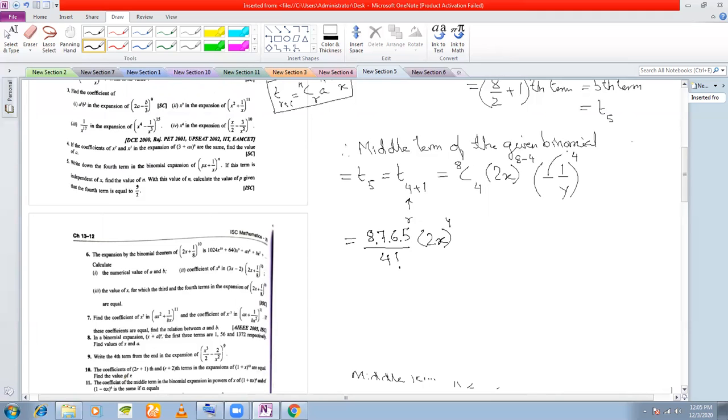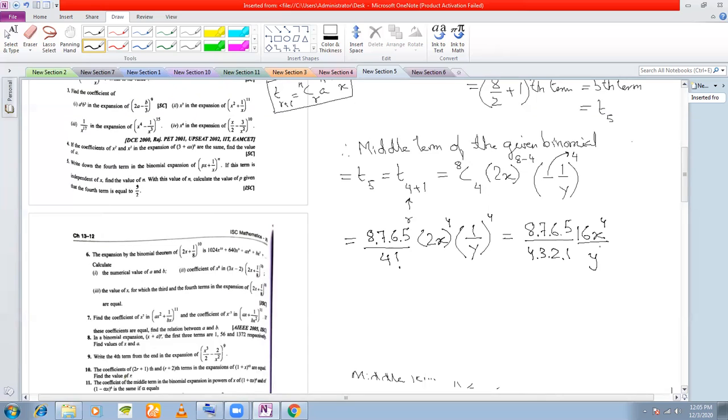And see, minus has been raised to an even power, so it becomes plus. So this is 1 by y to the power of 4. So this is 8 into 7 into 6 into 5 by 4 into 3 into 2 into 1. (2x) to the power of 4 is 16x to the power of 4.